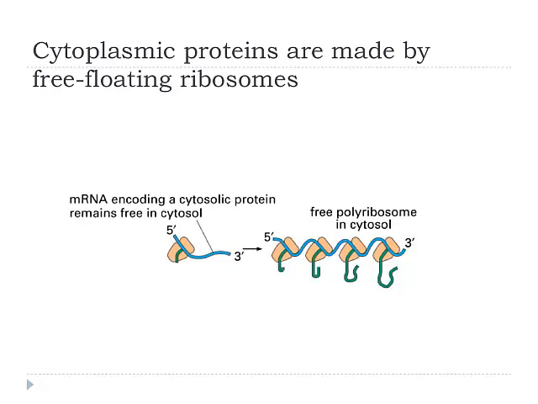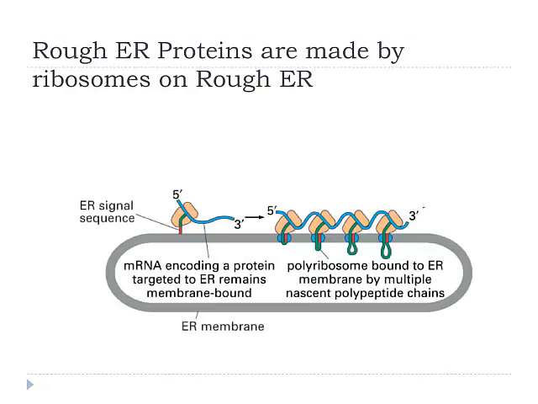So we already went over translation, we went over the function of the mRNA being that it holds that triplet code that tells what tRNA to bring, the tRNA to bring in a certain amino acid, and so the fidelity of that polypeptide chain is ensured by this codon-anticodon matching. But what happens in the shipping process after proteins are synthesized, and what happens to proteins that are destined for the ER, for the endomembrane system?